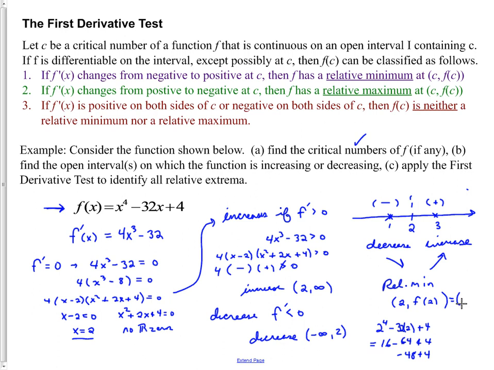So the relative minimum occurs at 2, negative 44. Well, that's what we're looking at, and we're done.